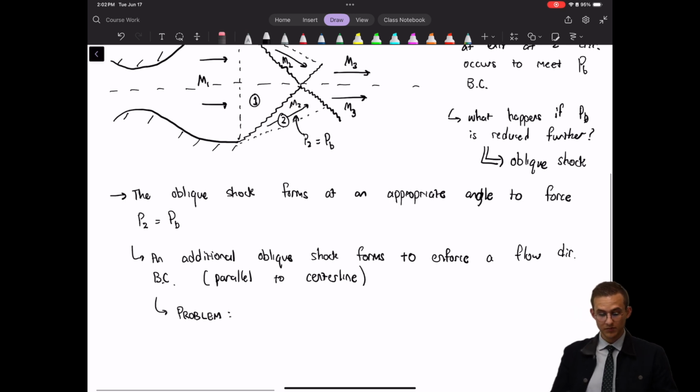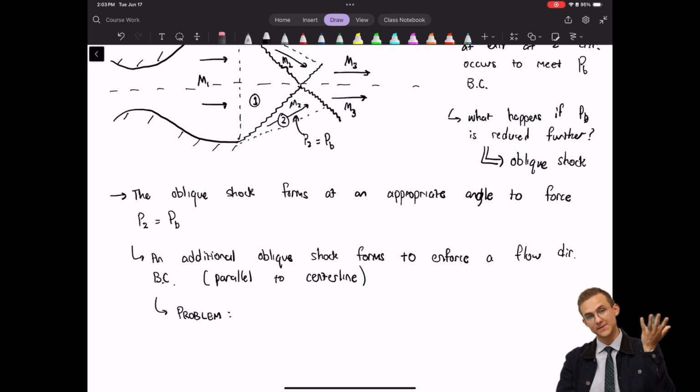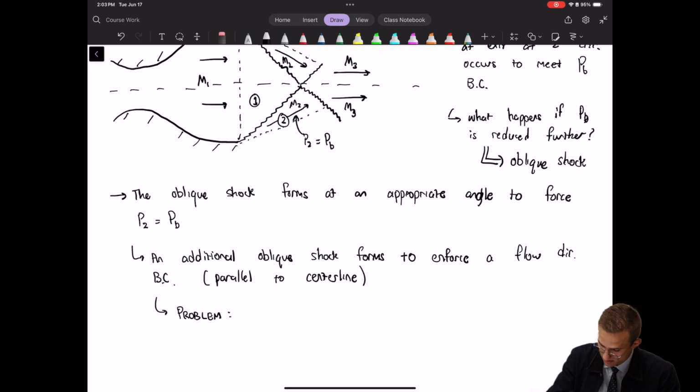So we've gone from the pressure at N1, which was too low, right? And then we went through an oblique shock to raise it up to be the same as the receiver pressure, PB, right? And now we just went through another shock. So the pressure in region 3 is actually greater than PB because it just went through another shock.